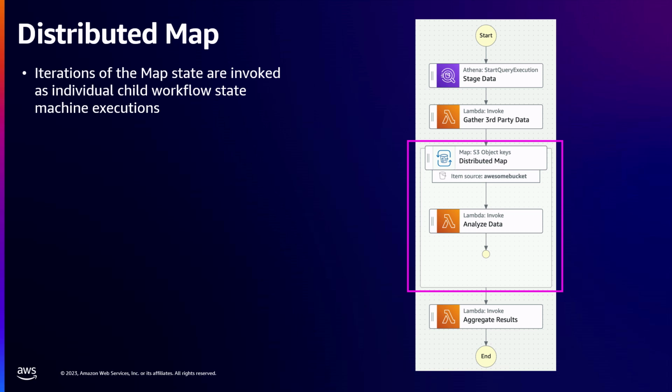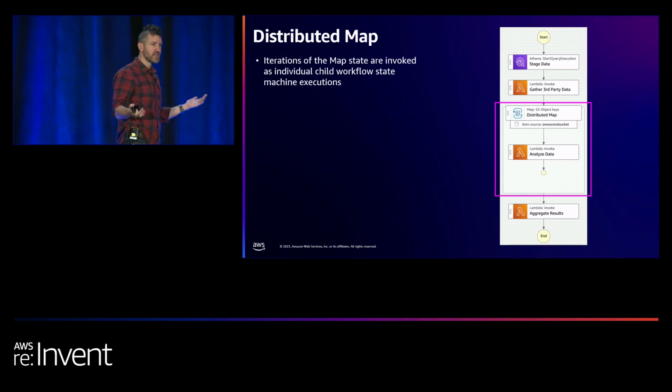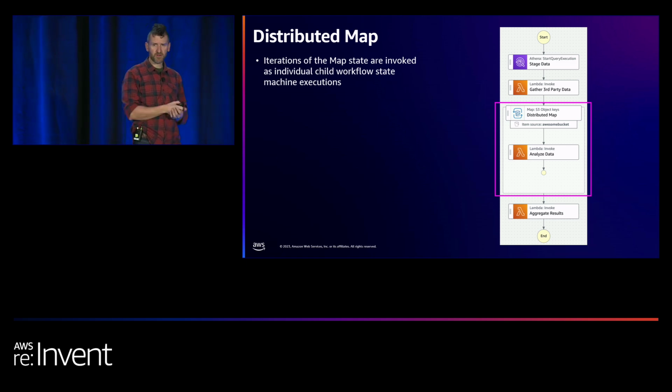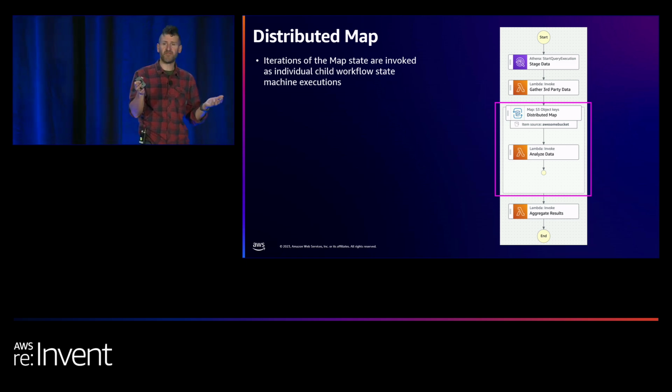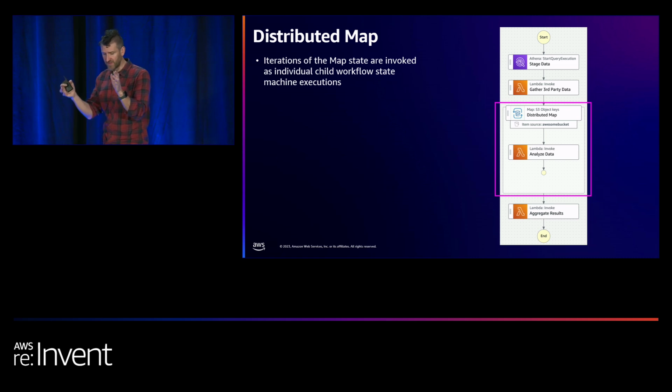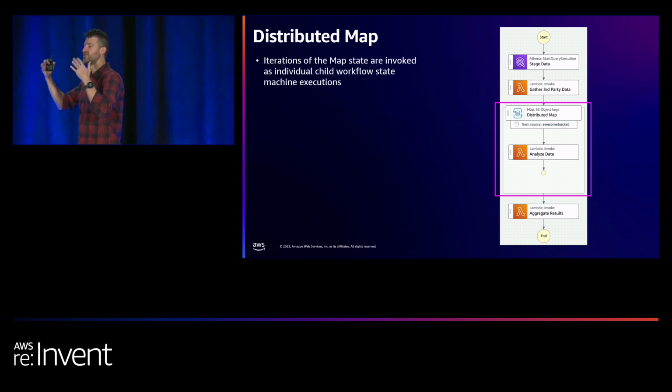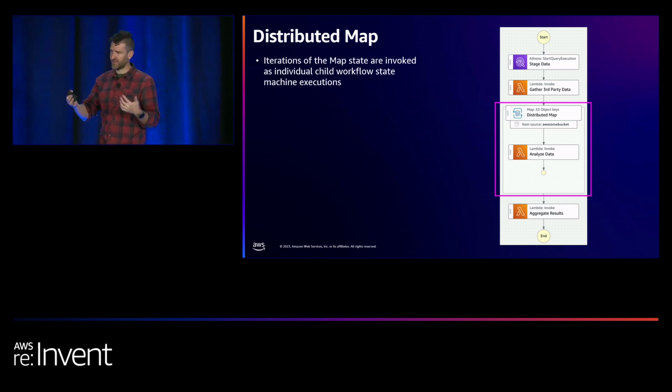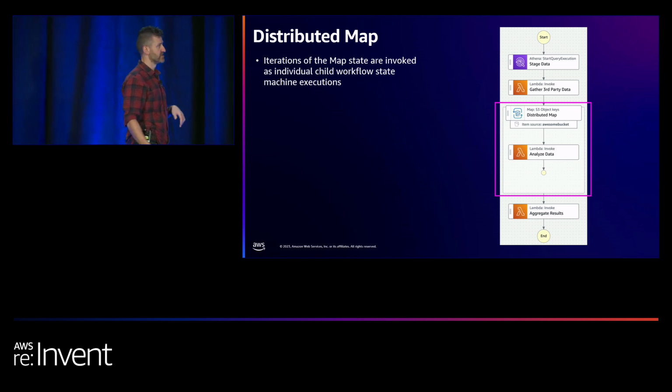And then we start the Distributed Map, that's the pink box there. Inside that Distributed Map, in this case, we have a fairly simple use case. It just has a single Lambda function within that child workflow. And then after all of those iterations of that child workflow finish, we have a final aggregation step, another Lambda function that's going to aggregate our results.